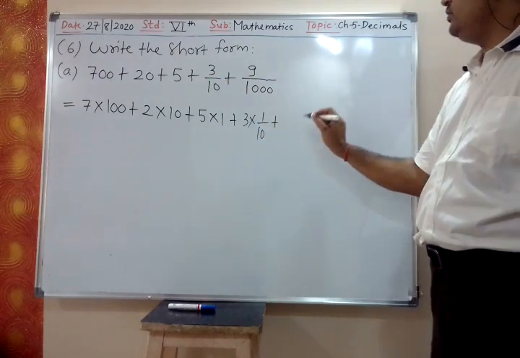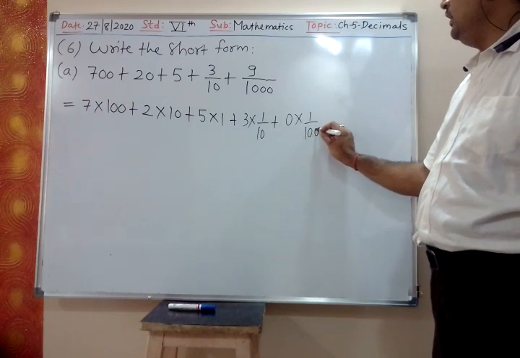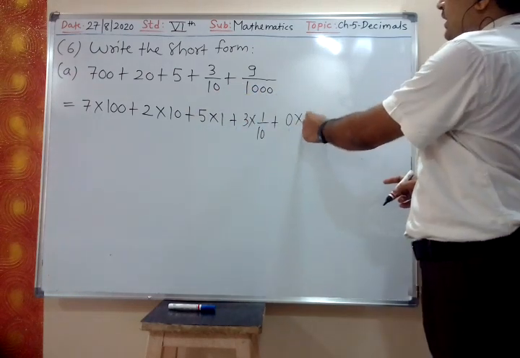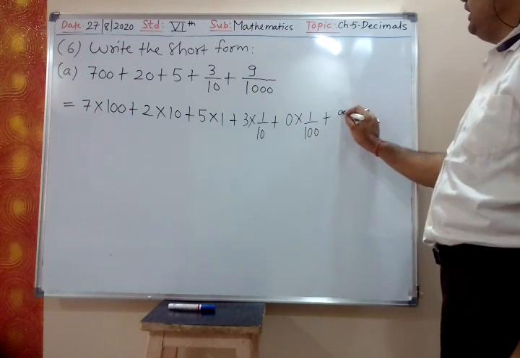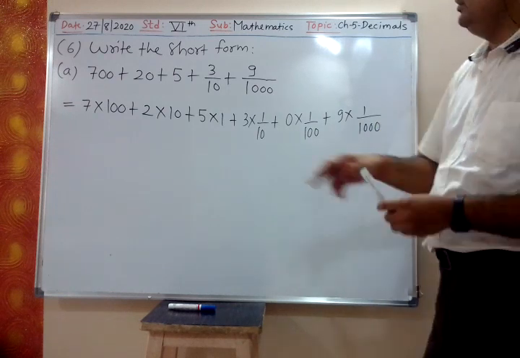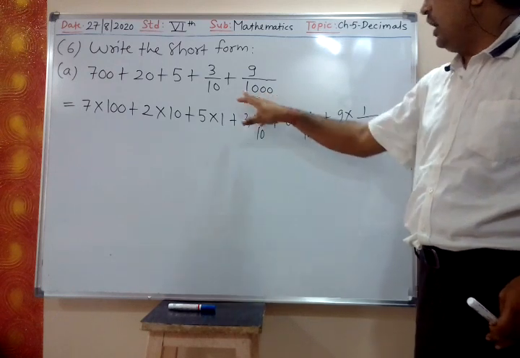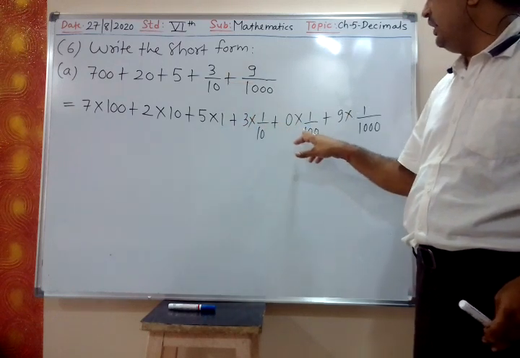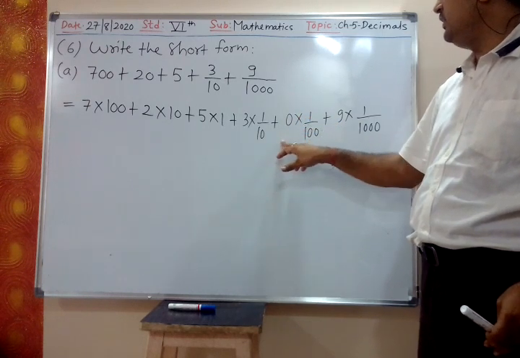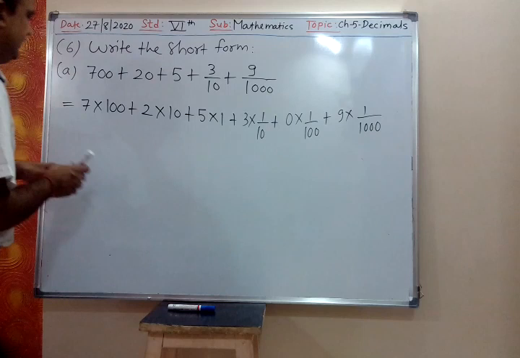So 0 multiplied by 1 upon 100. That we write in between 10 and 1000, that is 0 multiplied by 1 upon 100 plus 9 into 1 upon 1000. Because between 10 and 1000 we want 100, so you can write 0 into 1 upon 100. 0 into 1 is 0, 0 upon 100 will be 0. So this entire term becomes 0.